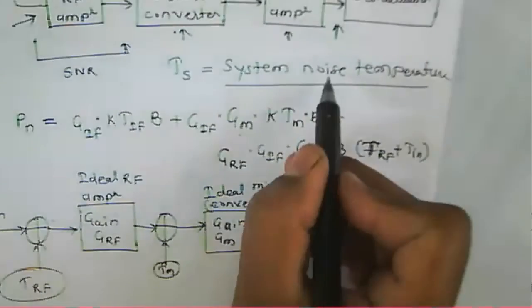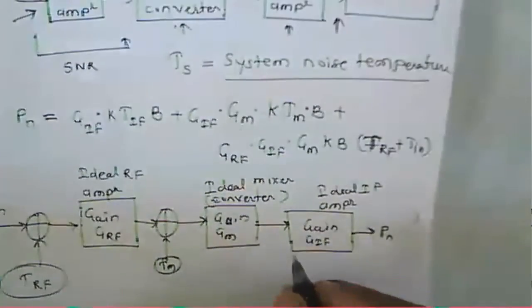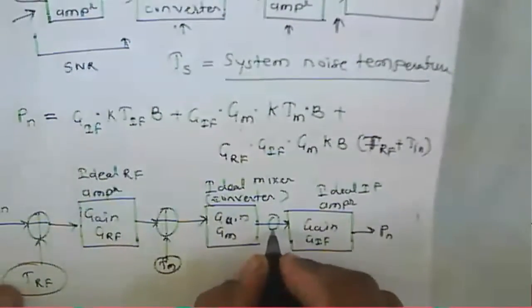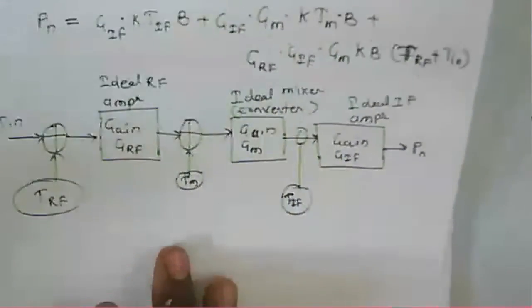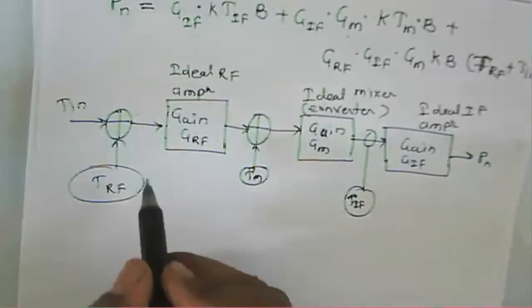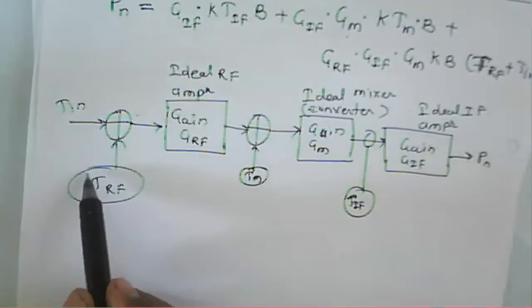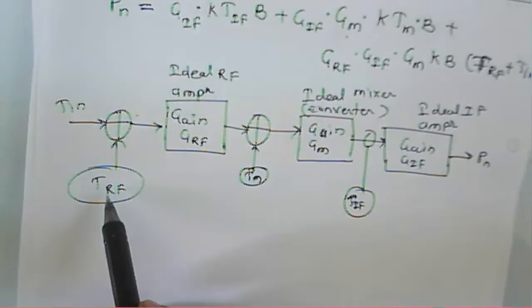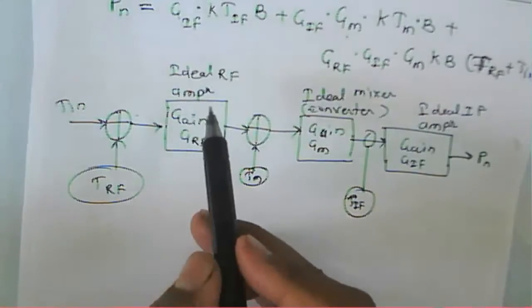That will be the input to the demodulator. So here, consider TIF, the noise power because of that IF. Input to the RF, because of the temperature TRF, that is the noise temperature of the RF amplifier.